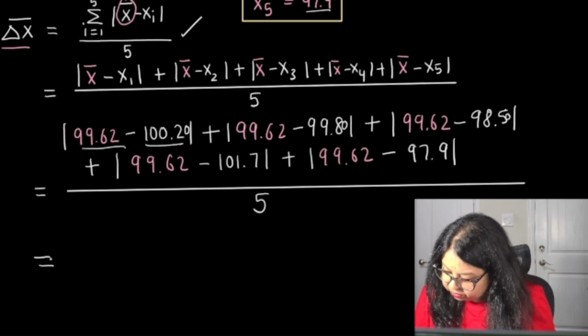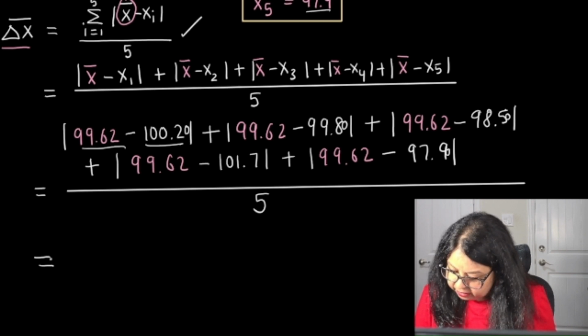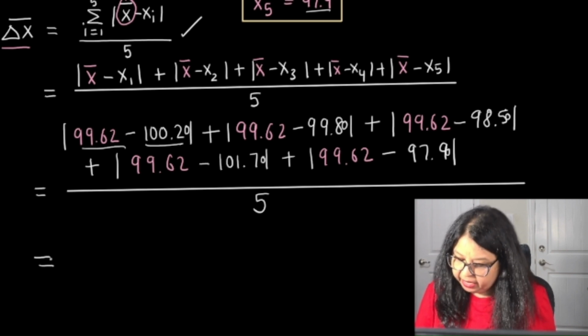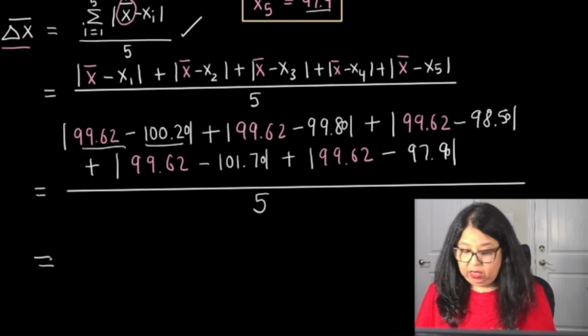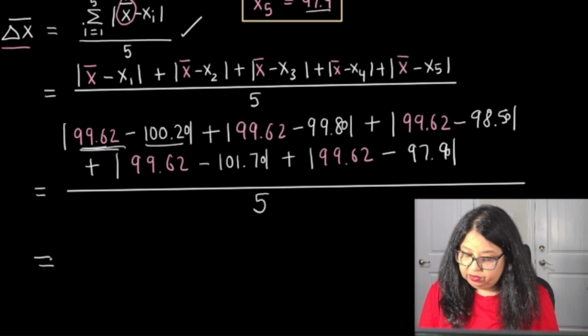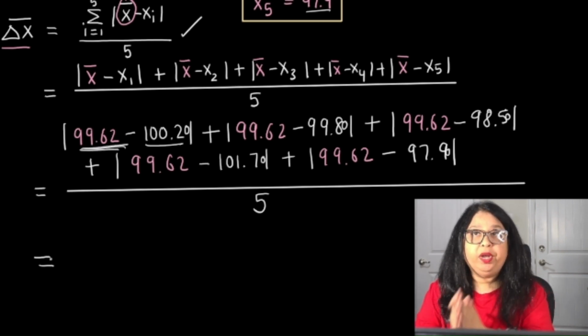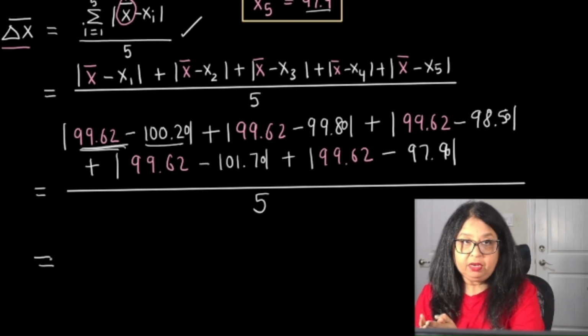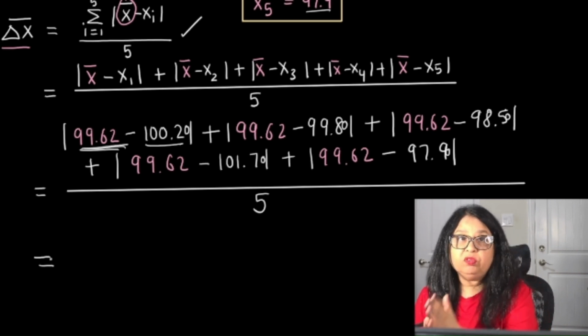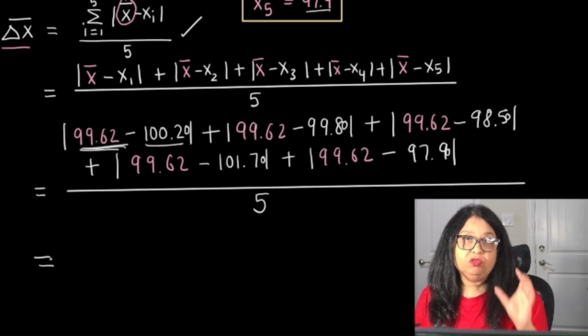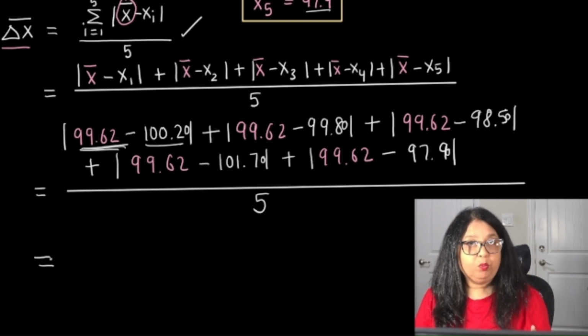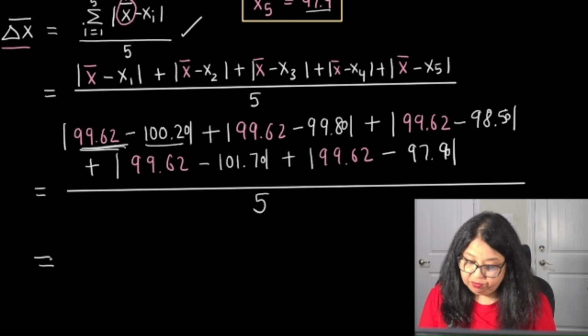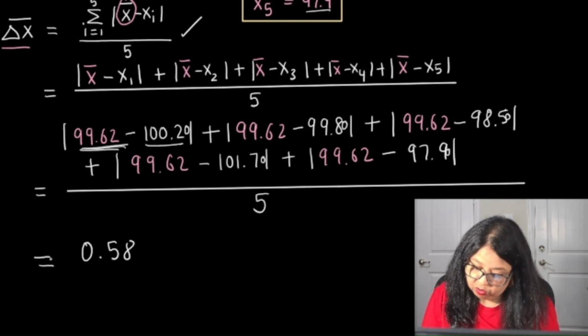Now 99.62 is 0.38 away from 100, while 100.20 is 0.20 away. So 0.38 plus 0.20 is 0.58. So the first will be 0.58.